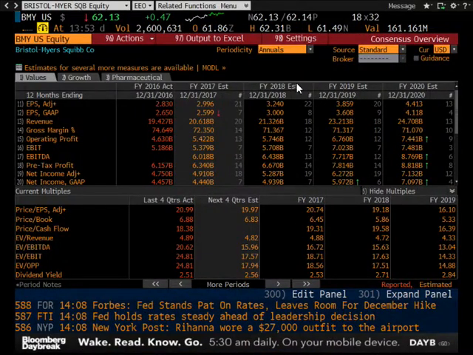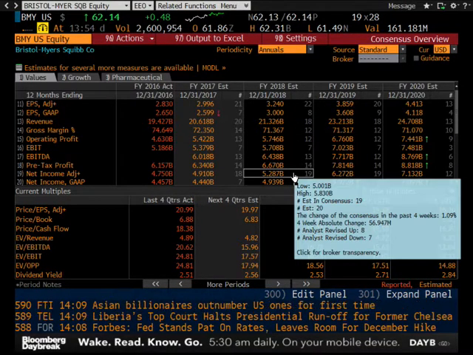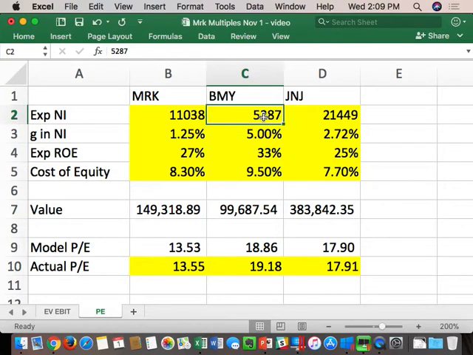And 2018 adjusted income is 5,287, it didn't change. So this is going to be like 5.3, 5.2, 5.1, close enough.